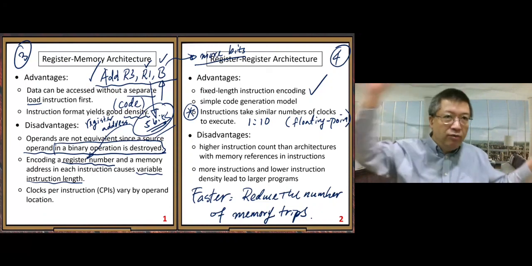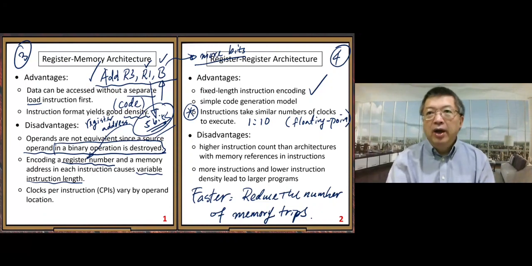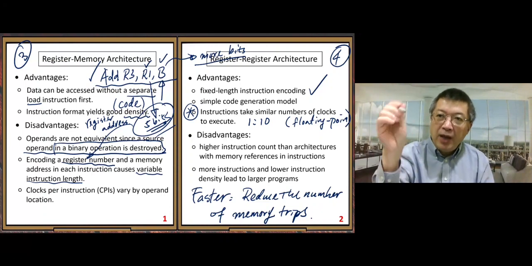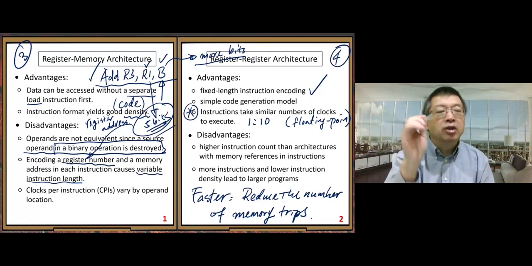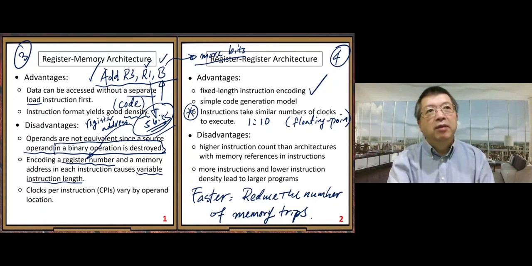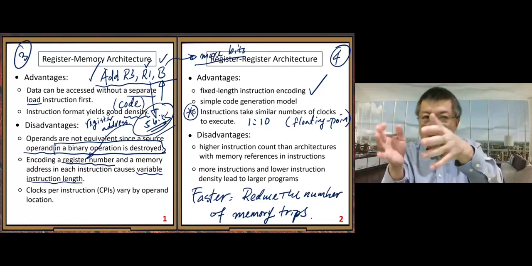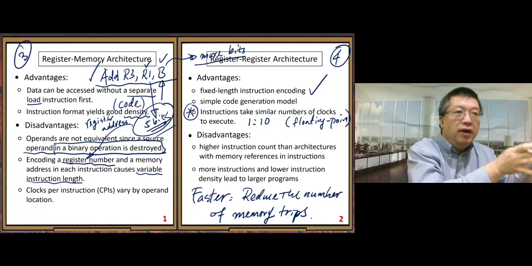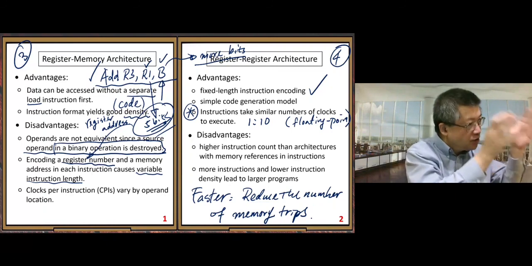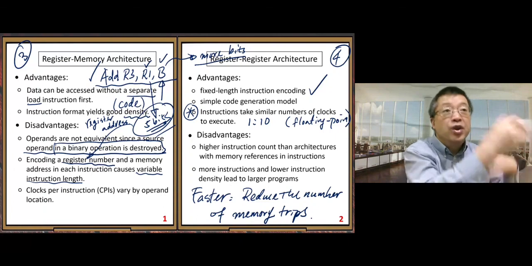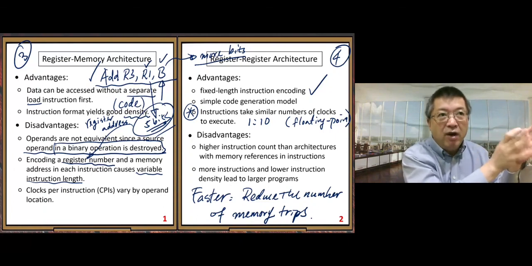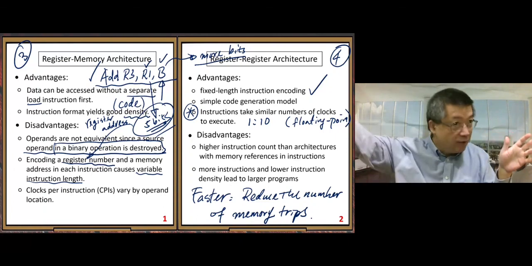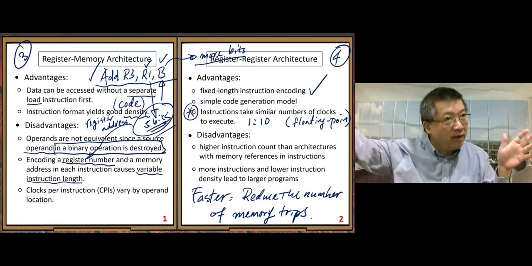If we look at the whole program, think about if one piece of data is used multiple times. We just load it once and put it in a register, and the next time we need to use the same data piece, we just reuse it. We get it from the register, not from the memory another time, right?